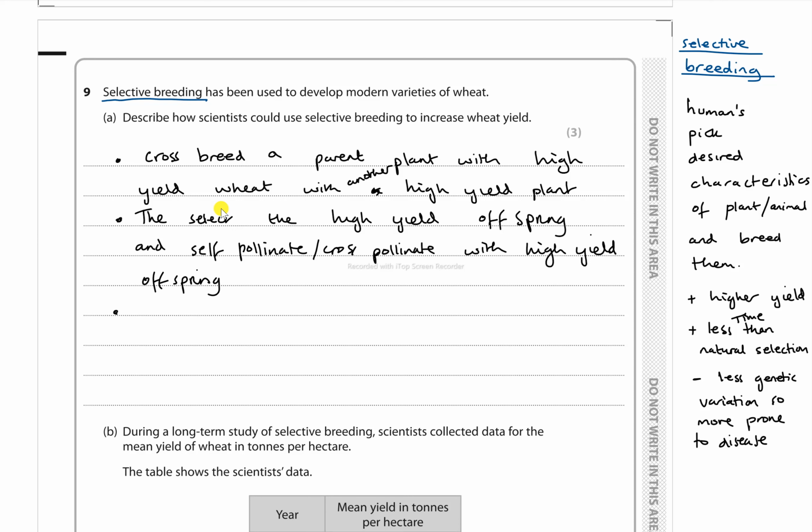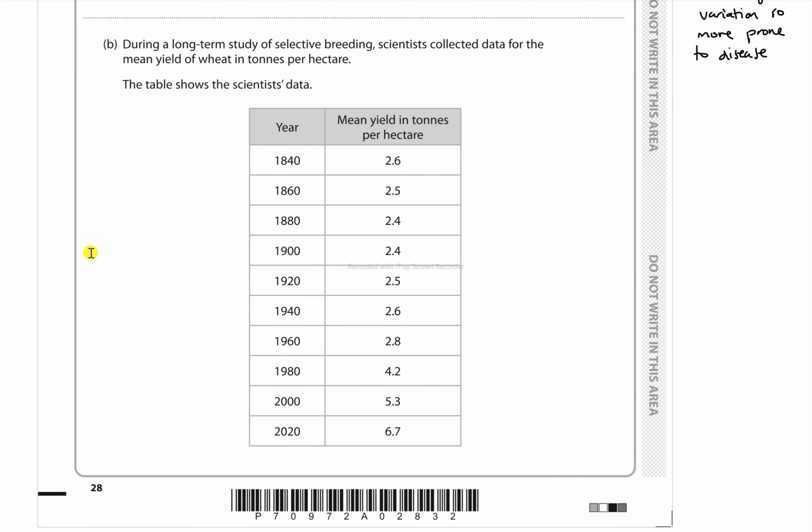And then all that happens, what's the standard answer to this? Repeat for many generations. So then all the offspring are high yield. Right, during a long-term study, selective breeding for the mean yield of wheat.